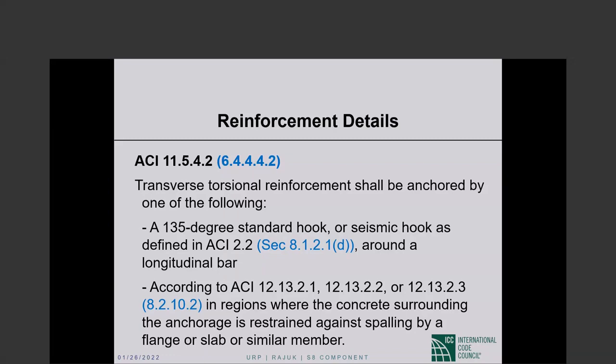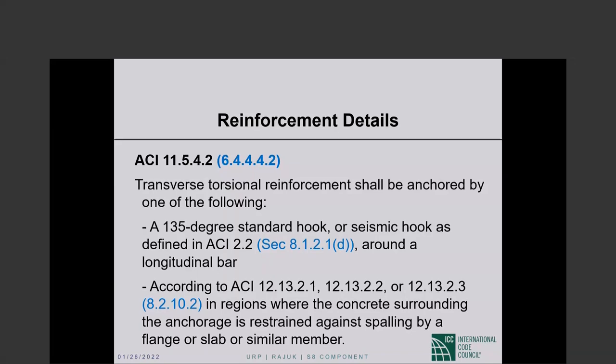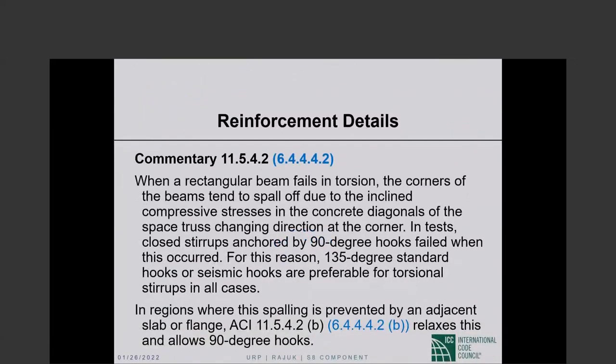Secondly, so this is one or the other. According to SEI's section such and such, those will allow you a 90-degree hook in regions where the concrete surrounding the anchorage is restrained against falling by a flange or slab or similar member. I'll show you pictures. So this is commentary to the requirement.